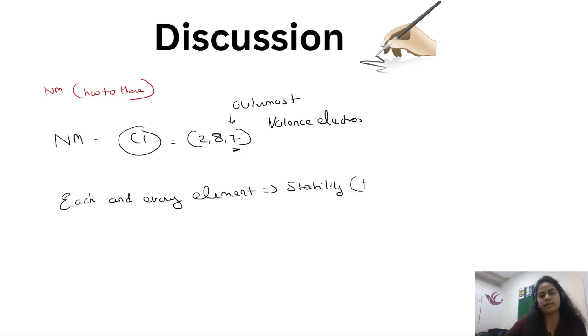Stability means they want to act like a noble gas. For noble gases there are two rules: first is the octet rule and another one is the duplet rule.